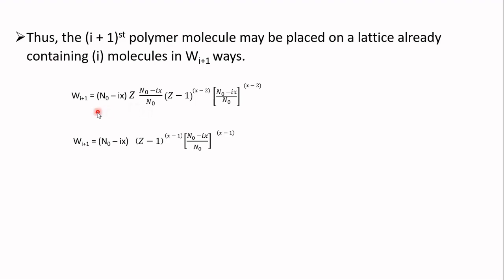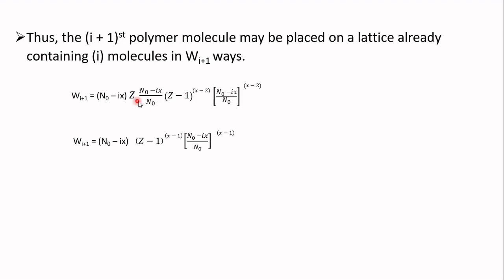Now you try to simplify this equation. So W i plus 1 is equal to N0 minus ix, which you keep as it is. Then there is a term Z here, then there is Z minus 1 to the power x minus 2. The value of Z is large, hence we can consider this Z as Z minus 1 itself.